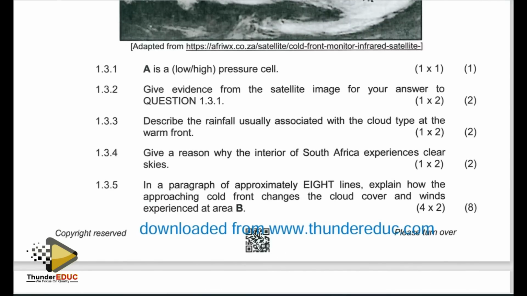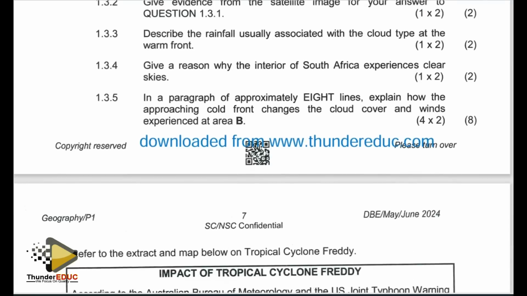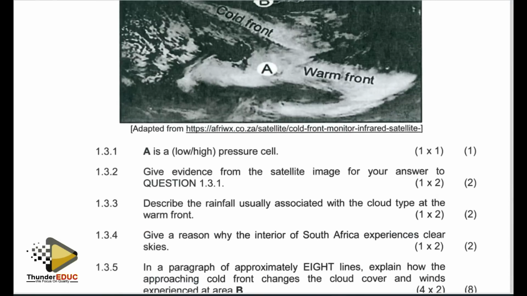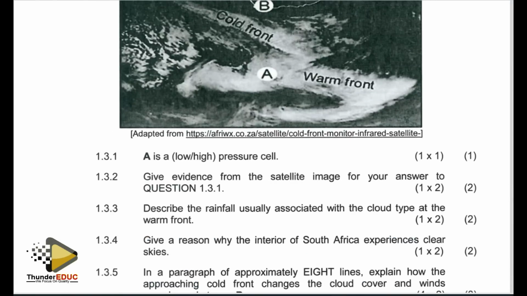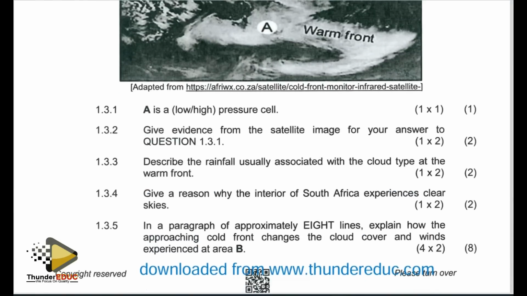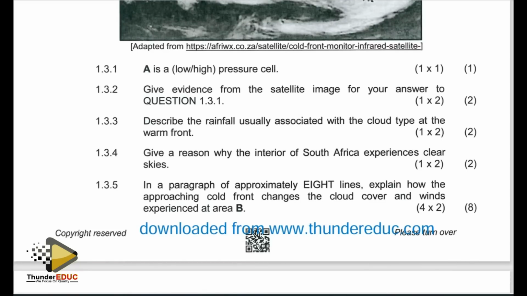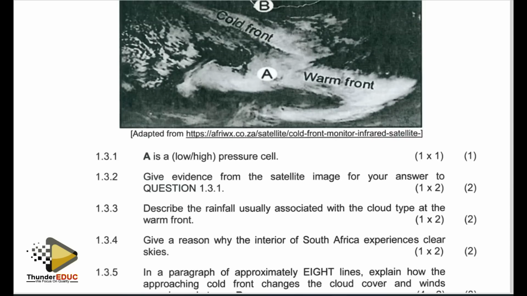Then with the wind changes, we are looking at the wind speed going to increase with the coming of the cold front, and also the winds will become stronger as the cold front approaches. And with the near approach of the cold front, we will tend to have gusty winds when the front is just coming, and that will have the potential of causing harm.